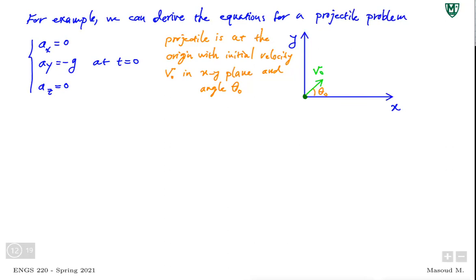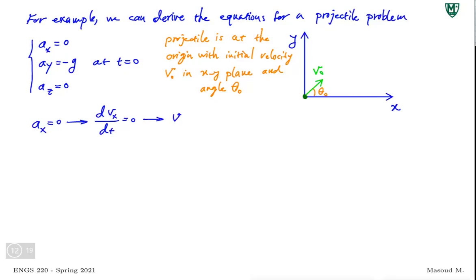So ax is 0. We'll see what we can get from there. Those are the given information. So we'll just use them to find the relationships between position, velocity, and acceleration. When ax is 0, well, we know ax is dvx dt, which means that is 0.